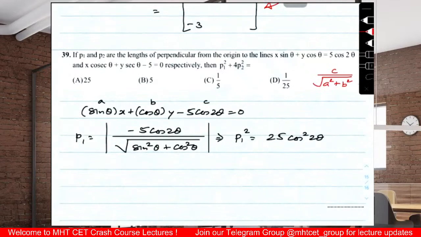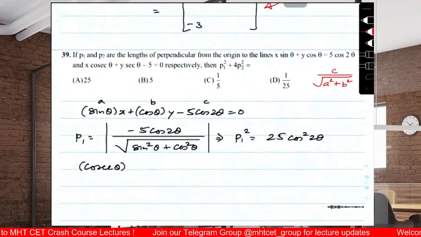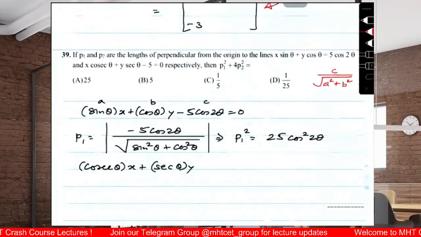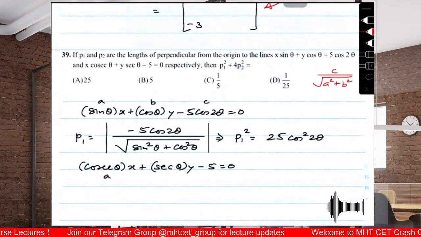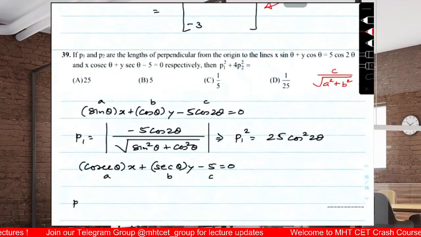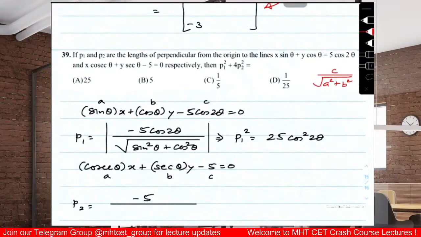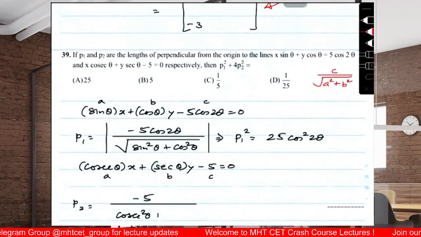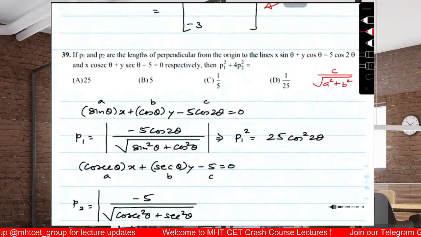Denominator is 1. Okay. Similarly, second line is cosec theta into x plus sec theta into y minus phi equal to 0. So यहाँ पर ये A है, B है, this is C. P2 will be minus phi divided by cosec square theta plus sec square theta under root in mod.